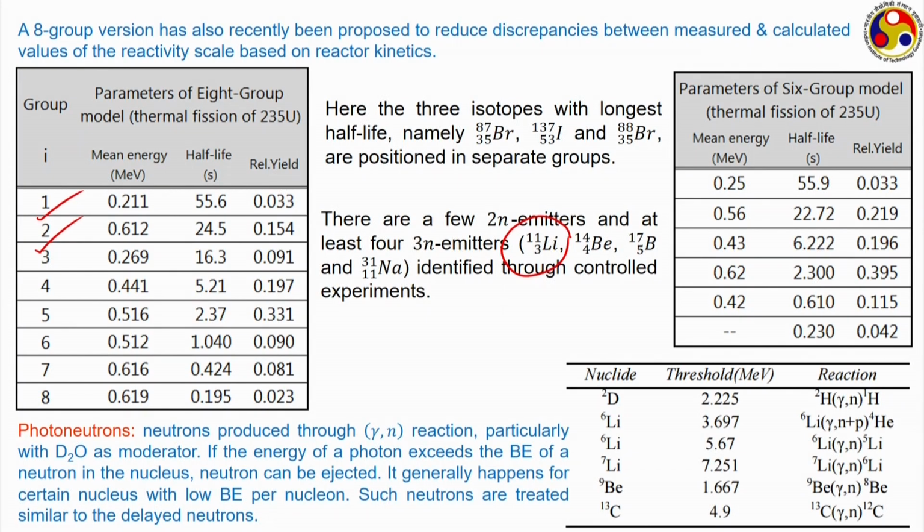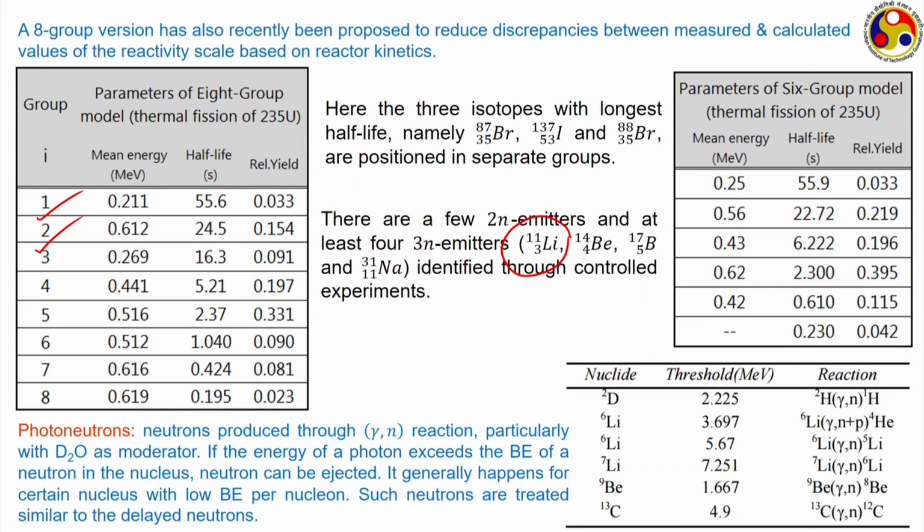There are certain nuclei whose binding energy per nucleon is quite low, and when one is hit by a photon of sufficient energy, it can lead to the emission of photoneutrons. But these are quite a few examples.